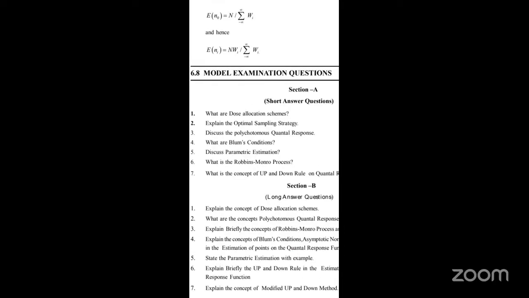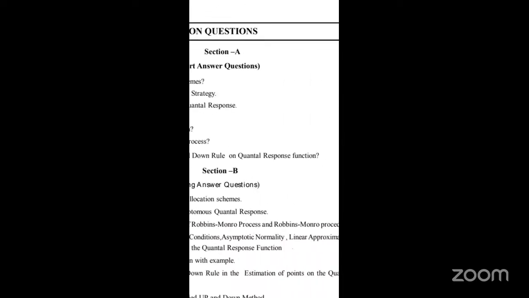So this is a very important fact of bioassay. You might have to know about it. As biostatistics students, you must learn the questions that take place here: explain the optimal sampling strategy; polychotomous quantal response; Blum's conditions; parametric estimation; the Robbins-Monro process; the concept of the up-and-down rule; quantal response function.